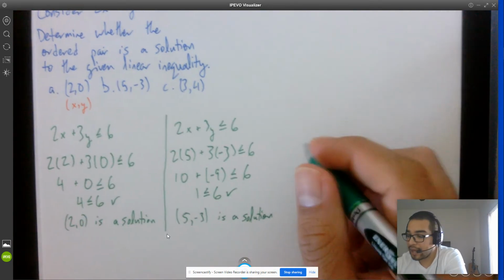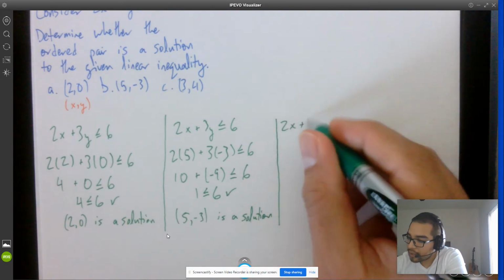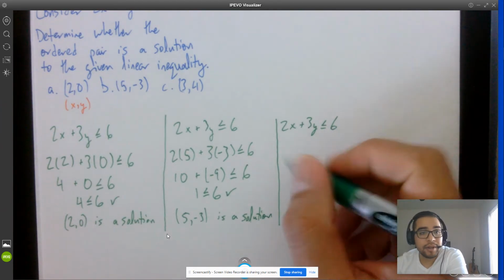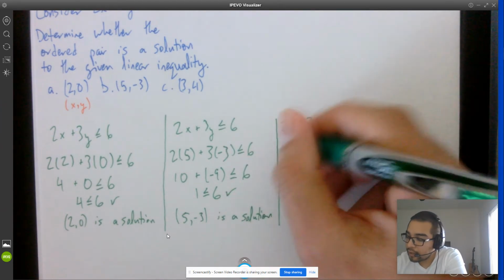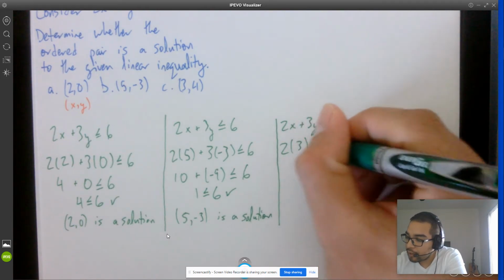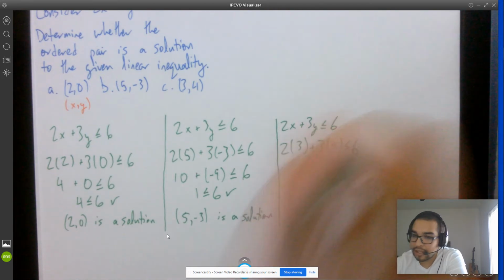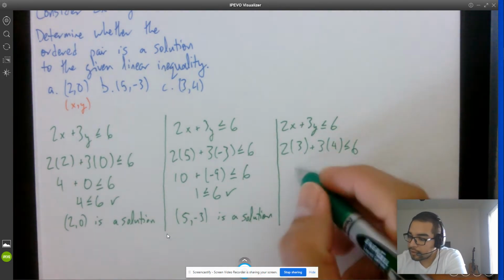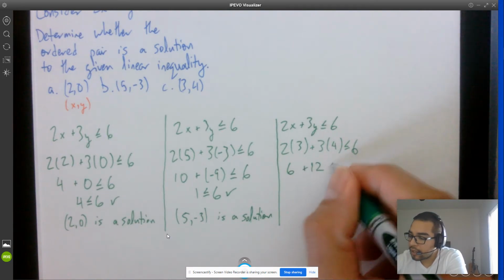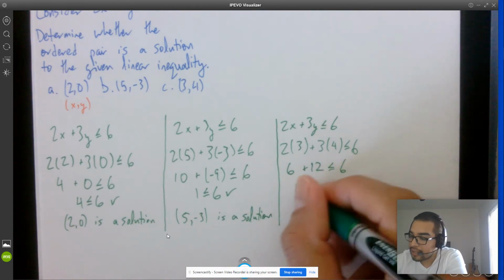Let's check the last coordinate. We have 2x plus 3y less than or equal to 6. Now I'm going to substitute in this coordinate right over here. 2 times my x coordinate, which is 3, plus 3 times 4, less than or equal to 6. 2 times 3 is 6, plus 3 times 4 is 12, less than or equal to 6. 6 plus 12 is 18.